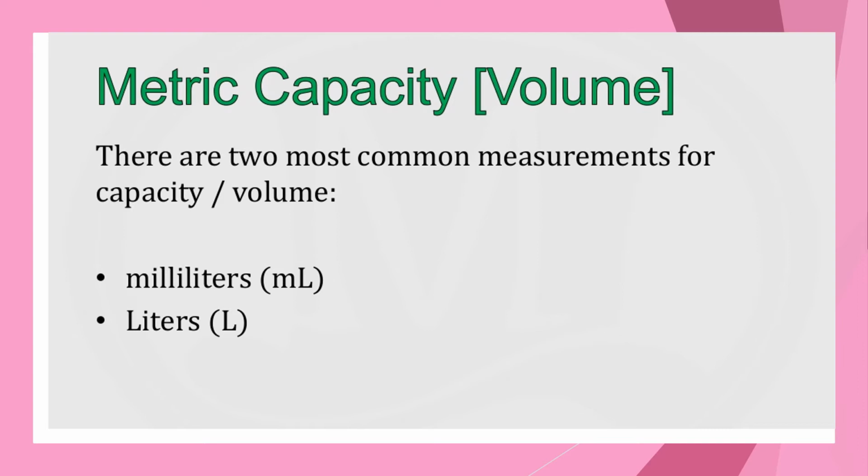Can you guess them? One is liters and the other is milliliters. Can we say that together? Liters and milliliters. So, measurement of capacity is done in two most common ways, which are milliliters and liters.